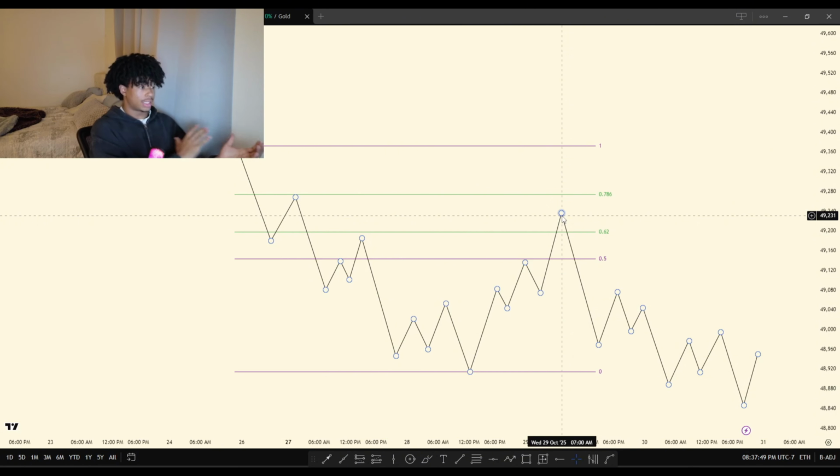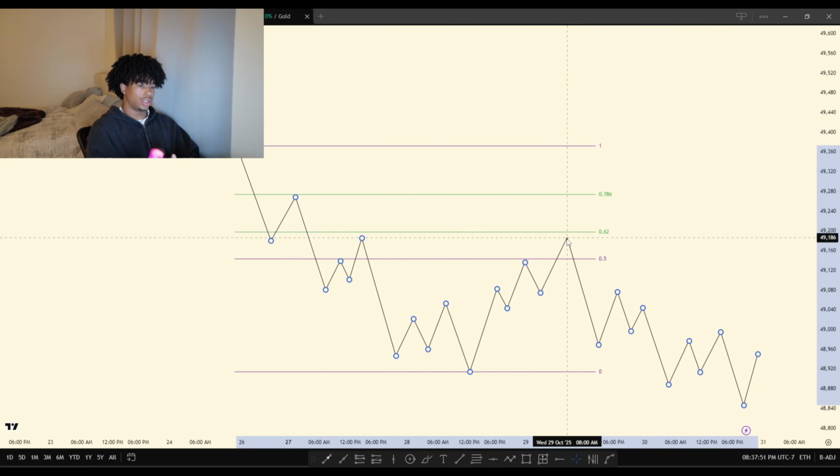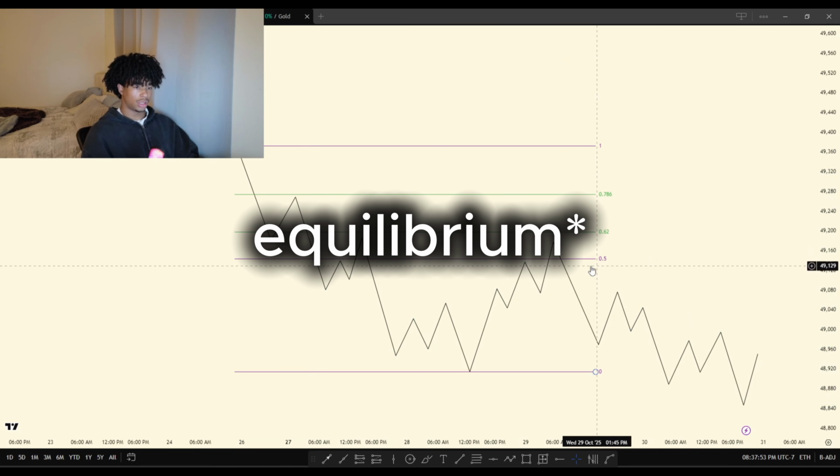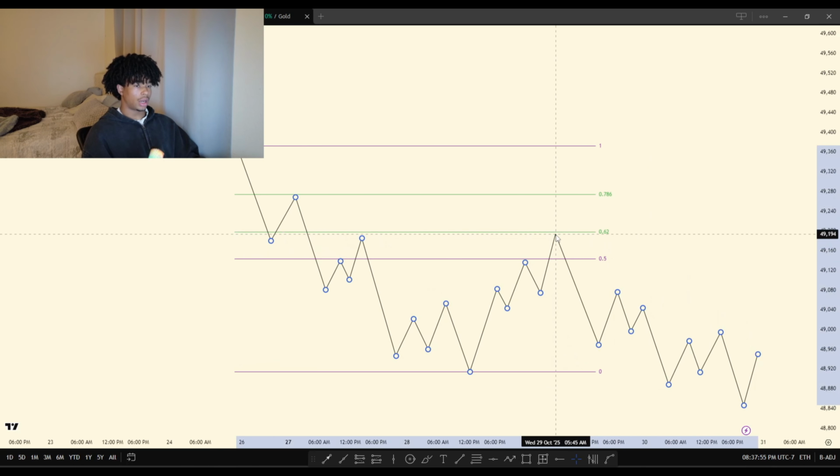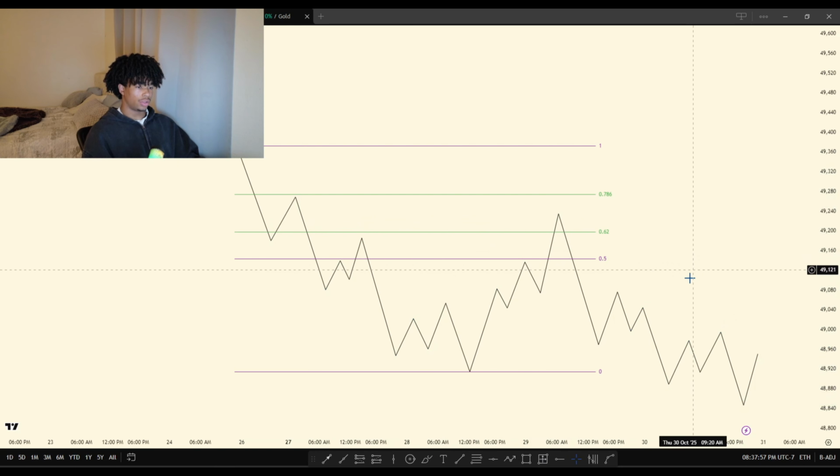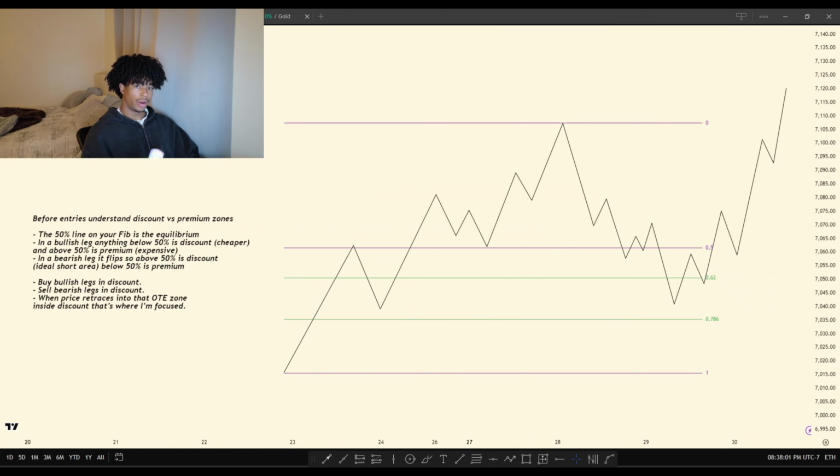Now, like I was saying earlier, we do see continuation from discount sometimes, but if we do push from discount, then we can look at OTE, and then see potential continuation from there. Now, a quick thing to notice when it comes to OTE, discount in general, but more specifically OTE, when you have other confluences aligned with this zone, this box is going to boost the quality of those confluences.